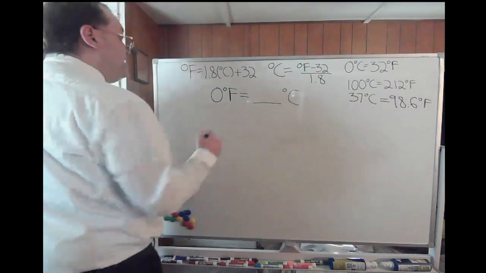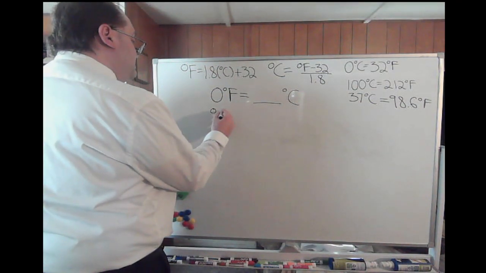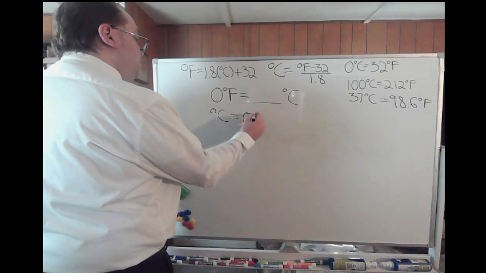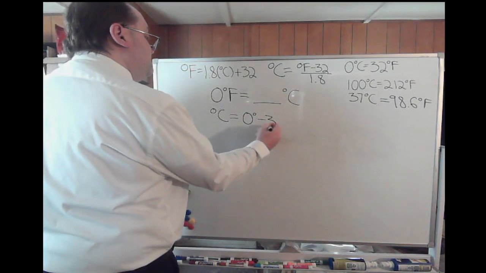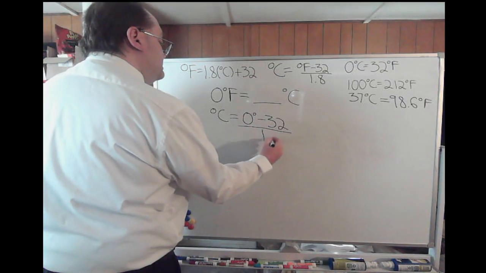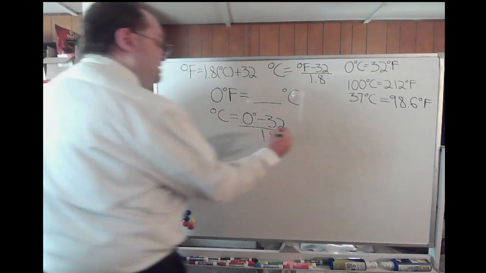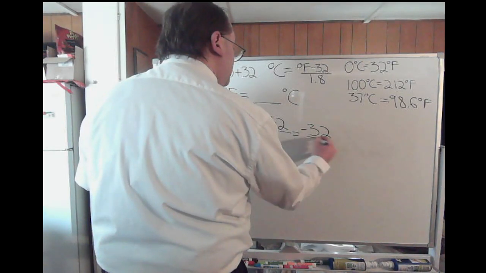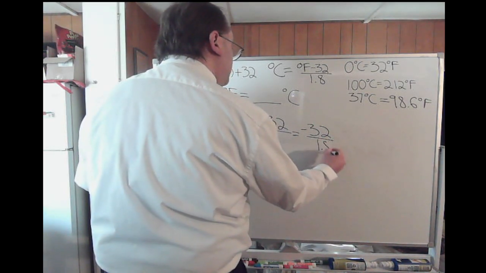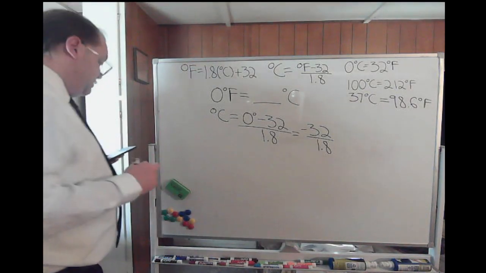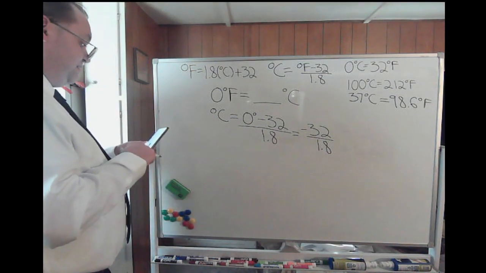So again, to get your degrees Celsius, take your degrees Fahrenheit, which is 0 degrees, minus 32 all over 1.8. Well, 0 minus 32, that's going to be negative 32 over 1.8. Now we just got to take negative 32 and divide it by 1.8.